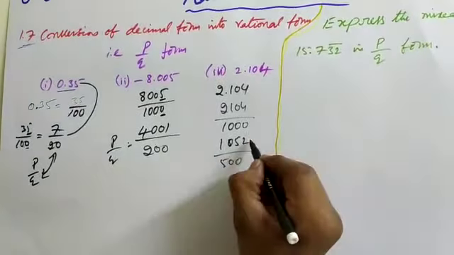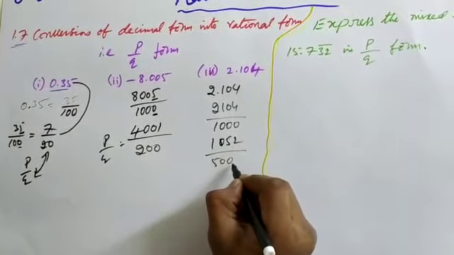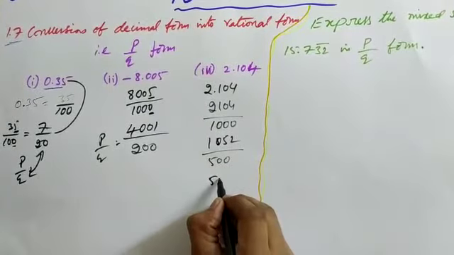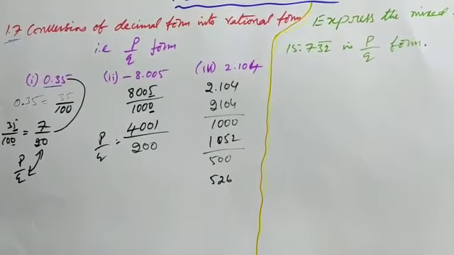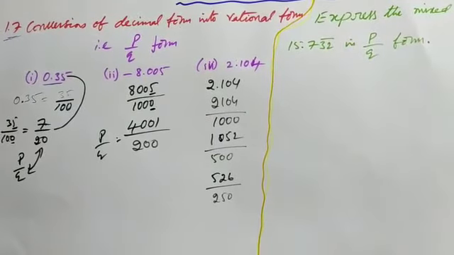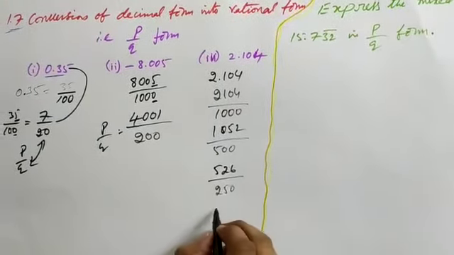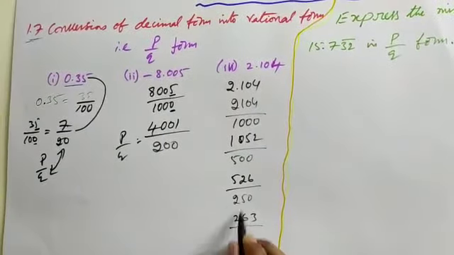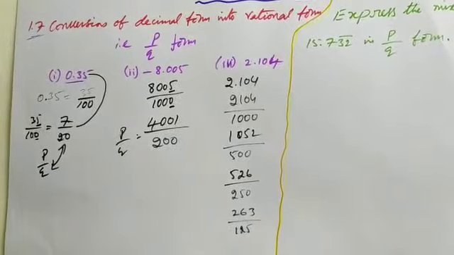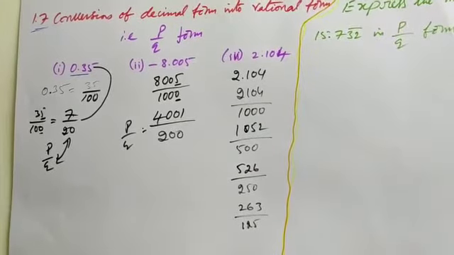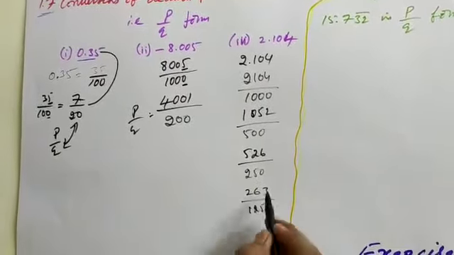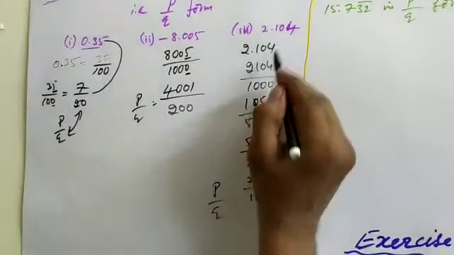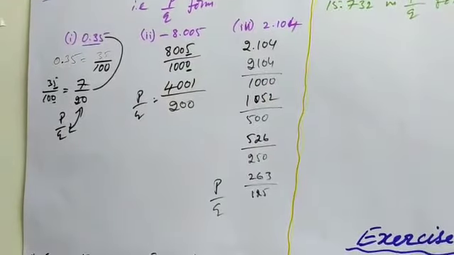Again the numerator is even and the denominator is even, also divisible by 2. 526 divided by 250. Again both are even numbers. 2 2s are 4, 2 6s, 2 3s, divided by 125. This is an odd number, and this is also an odd number. No cancellation. This is the P by Q form of 2.104.